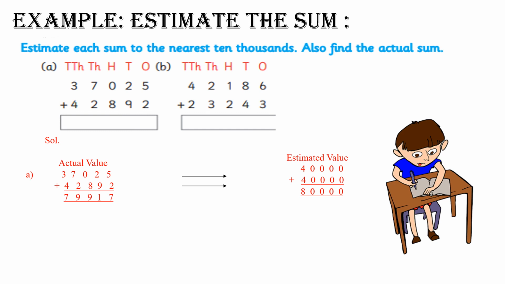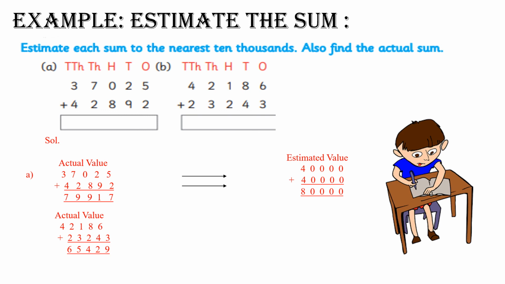Similarly, let's do the next question. 42,186 plus 23,243. Let's add it. When you add, you get 65,429. Now let's estimate the numbers to the nearest 10,000.